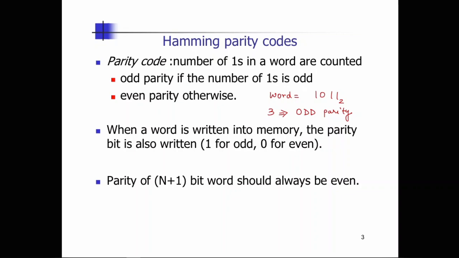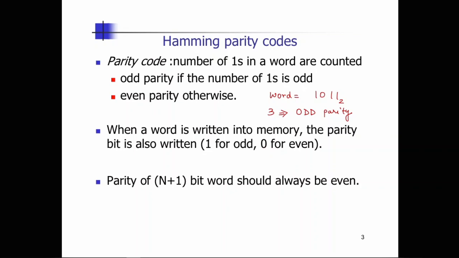To distinguish between odd parity and even parity, we can use a parity bit. When a word is written into memory, we not only write the word into the memory, we also write the parity bit along with it. That parity bit is computed by counting the number of ones in the word: if it is odd, the parity bit is 1, and if it is even, the parity bit is 0.